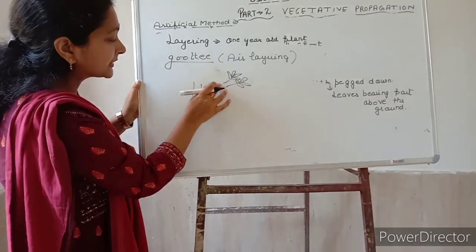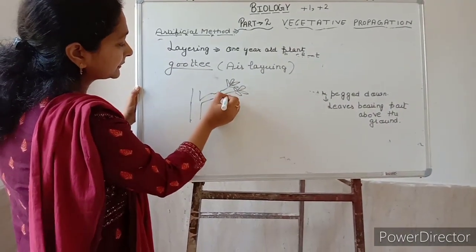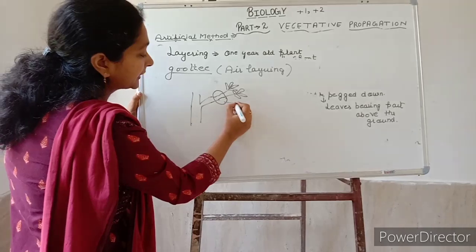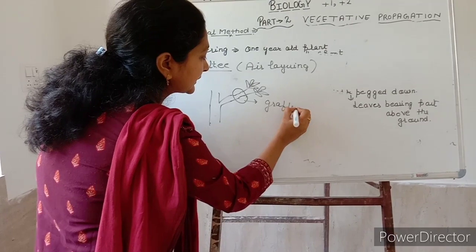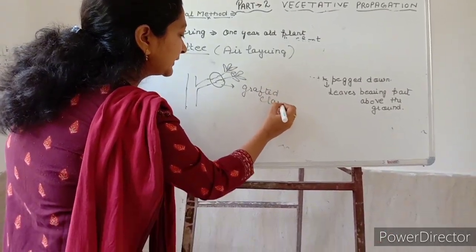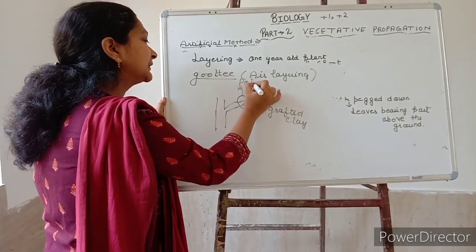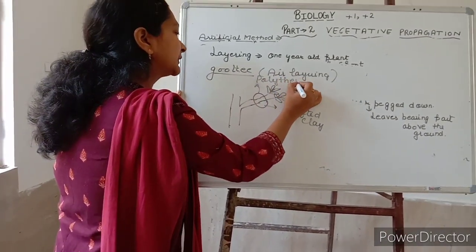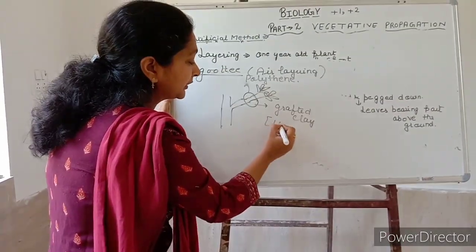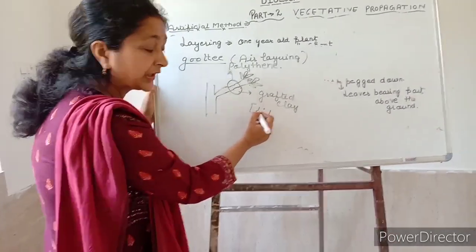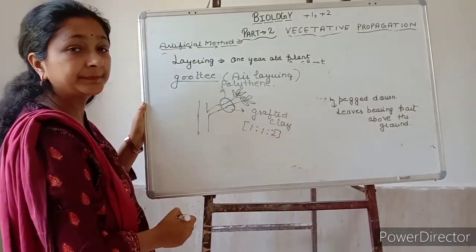A ring of bark is removed from it and it is covered with grafting clay. After that, it is covered by polythene. And grafting clay contains one part hay, one part cow dung and 2 parts clay.